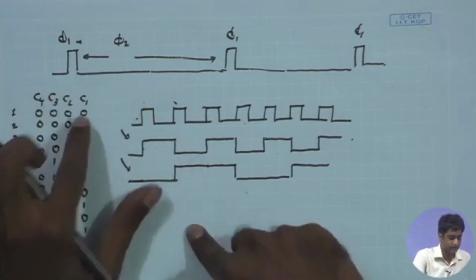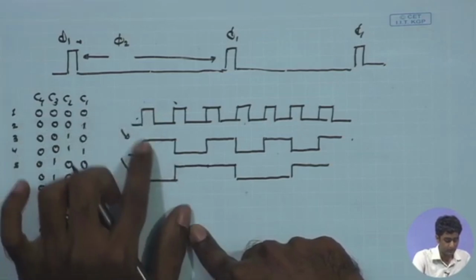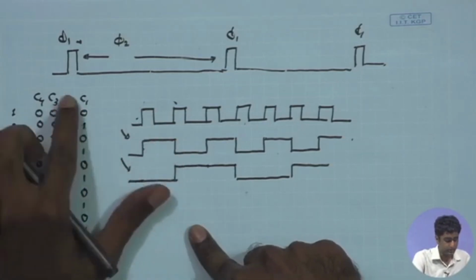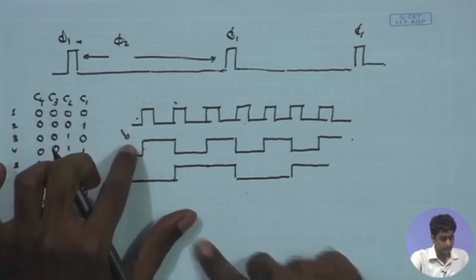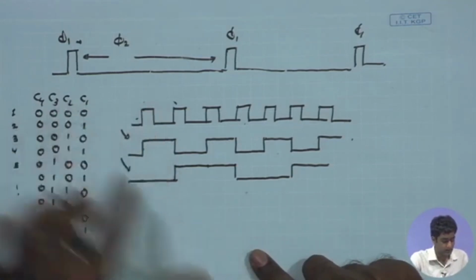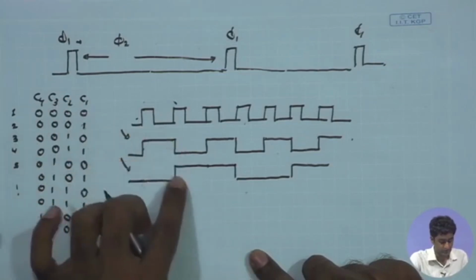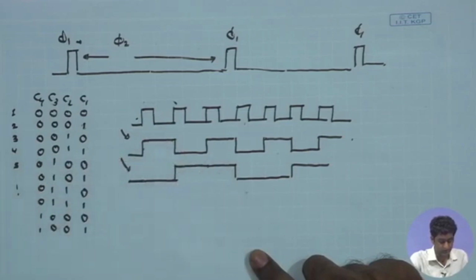If I assume that C1 is triggered by the clock, whenever the clock is making a transition, C1 is making a transition. Here I have assumed a positive clock trigger transition, and whenever C1 is making a transition high to low, C2 is making a transition.